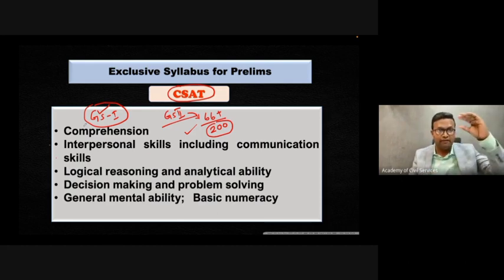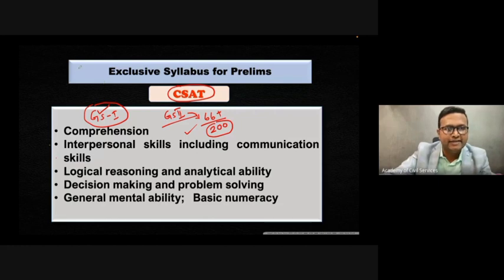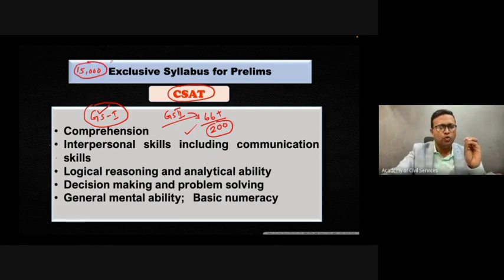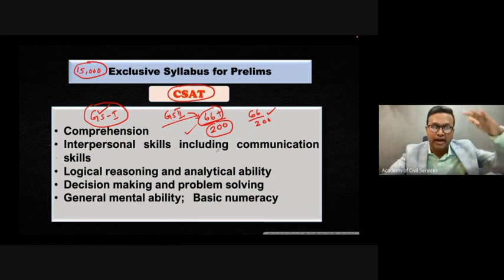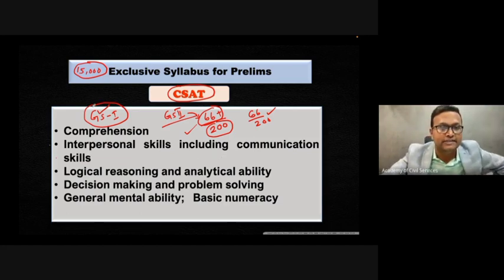Imagine UPSC decides next year to select 15,000 candidates in the preliminary examination. All these 15,000 candidates must have got 66 out of 200 in CSAT. If your CSAT score is less than 66, you are disqualified. After that, you should be among the top 15,000 scorers in the GS1 paper.